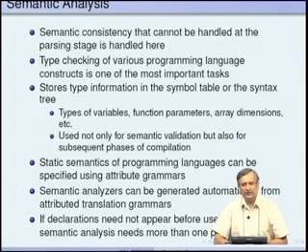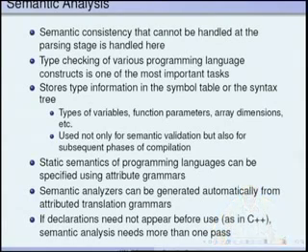It is possible to generate semantic analyzers automatically from attributed translation grammars, and we will very soon see an example of how this can be done. If declarations need not appear before use as in C++, semantic analysis actually needs more than one phase. It may not be possible to do this semantic analysis in just one phase, we may need more than one phase.